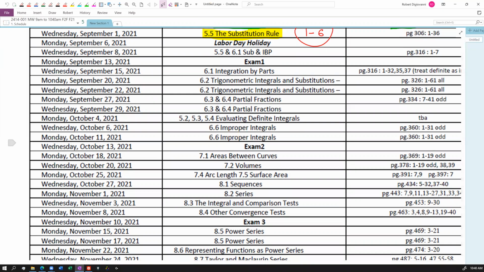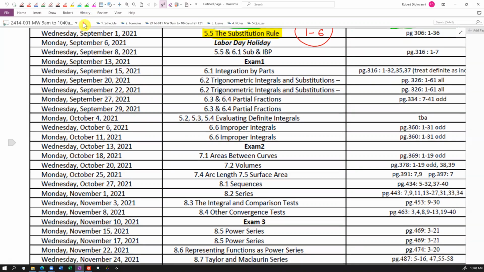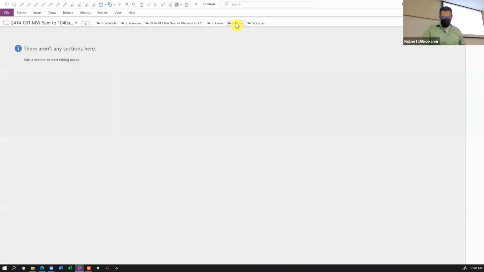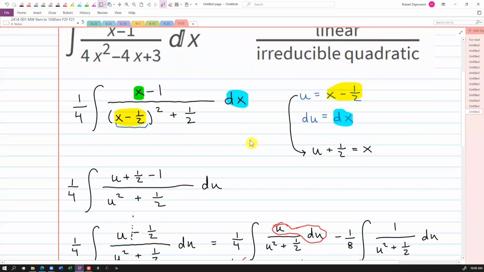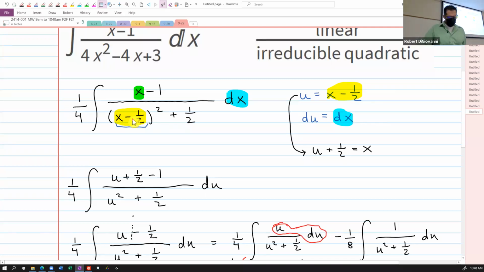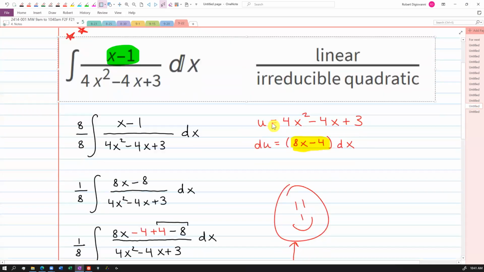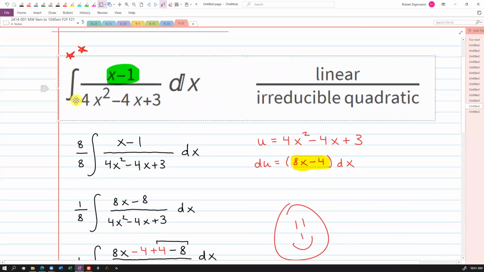Wait, so Professor, on the question we just did right now, you know how you took out the 1/4 outside the integral? And then you're left with that x squared minus 4x plus 3. Isn't that reducible? Wait a minute, what? At the very beginning, you know how you take out the 1/4? Well, I factored a 4 from each of these, right?